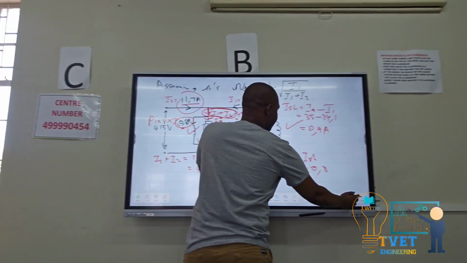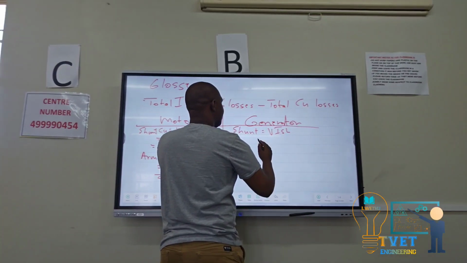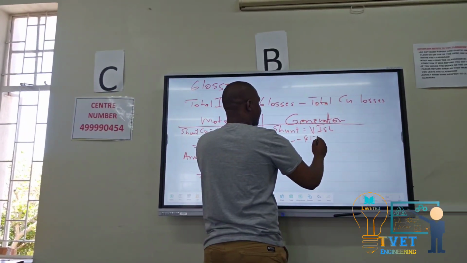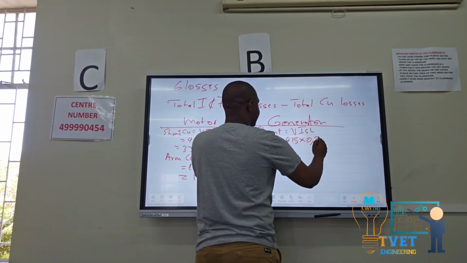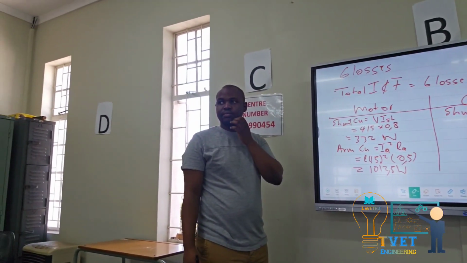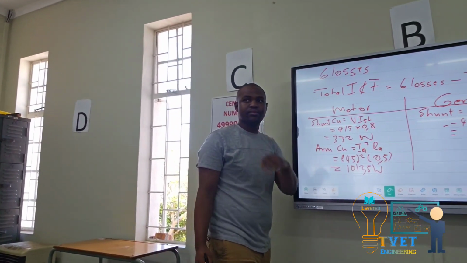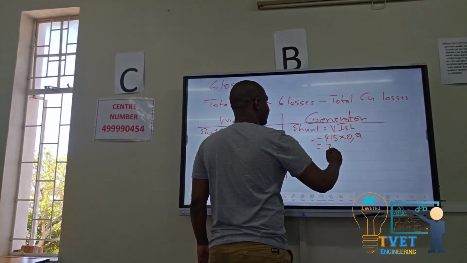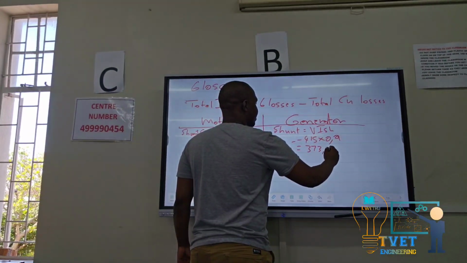So now we can find the shunt copper loss: 415 times 0.9, which is 373.5.